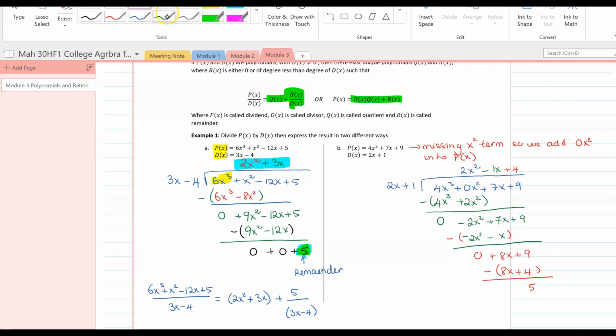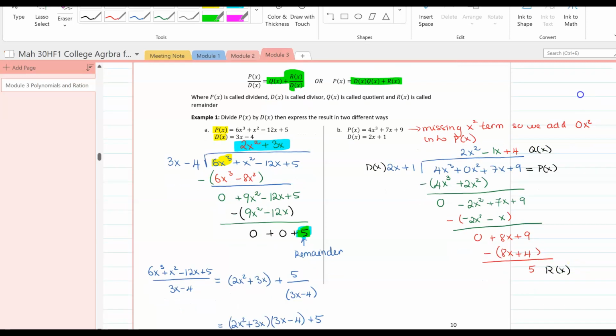So here we get our, this is P of x, D of x, Q of x, and R of x. So we go ahead and write our result.